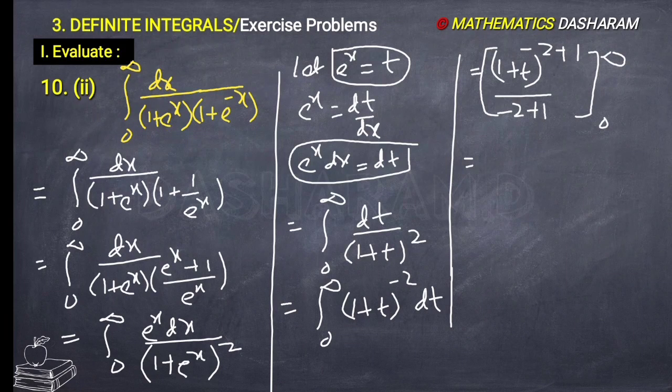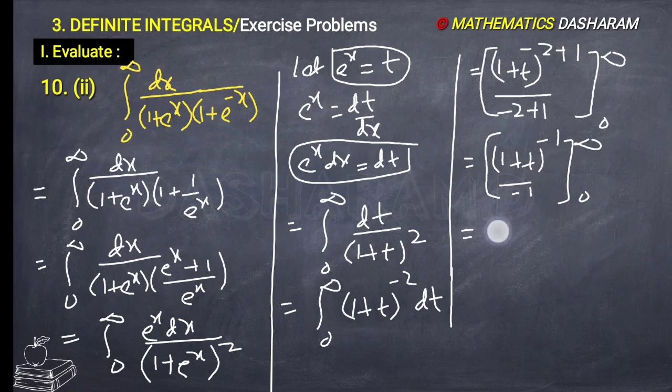Now 1 plus t whole power minus 2 plus 1 is 1 plus t whole power minus 1 divided by minus 1, 0 to infinity. So it equals overall minus 1 by 1 plus t, 0 to infinity. Now substitute the limits.